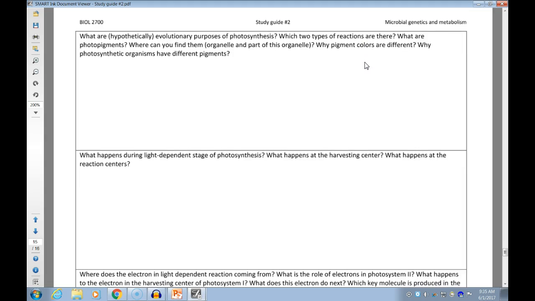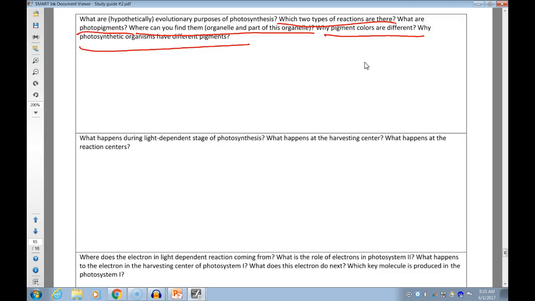Evolutionary purpose of photosynthesis, just discussed today. Two types of reactions, light-dependent, light-independent, photopigments, where you can find them. Chloroplast, we discussed different colors, why different pigments to absorb as much light as possible.